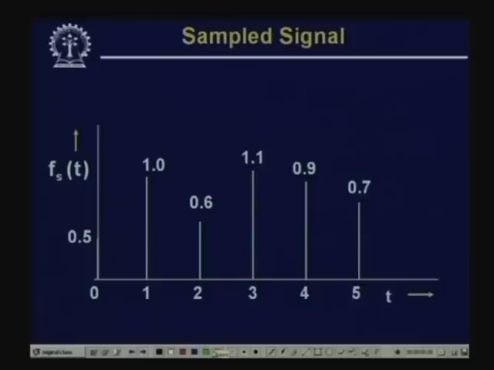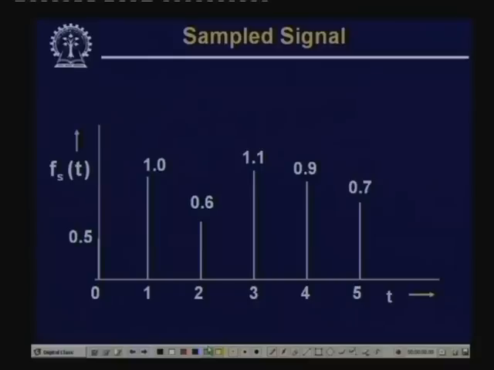The function is given like this sample data. The sample values are available only at 0, 1, 2, 3, 4 and 5. But in some applications, we may need to find the approximate value of this function at say t equal to 2.3 or t equal to 3.7 and so on.